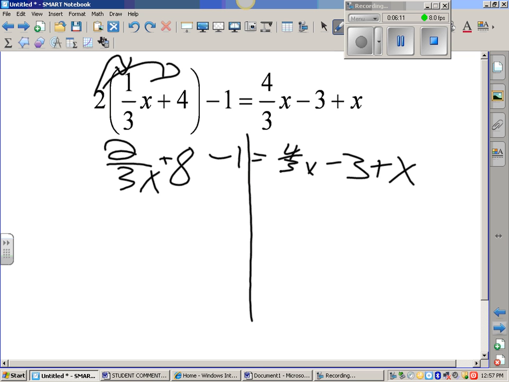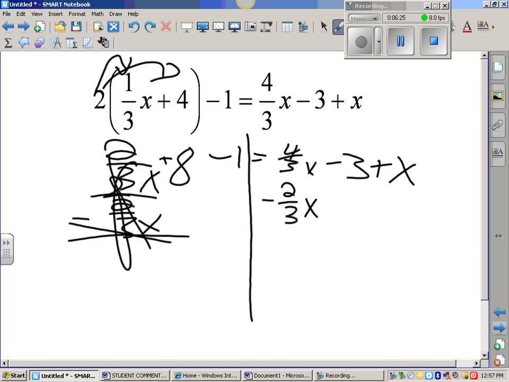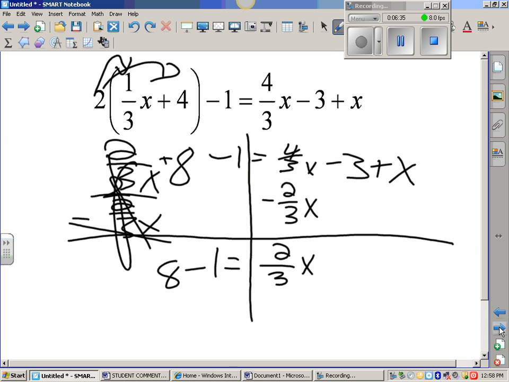Okay, so subtracting 2/3 x from both sides. You get 8 minus 1 equals 2/3 x. What do I do with negative 3 plus x?